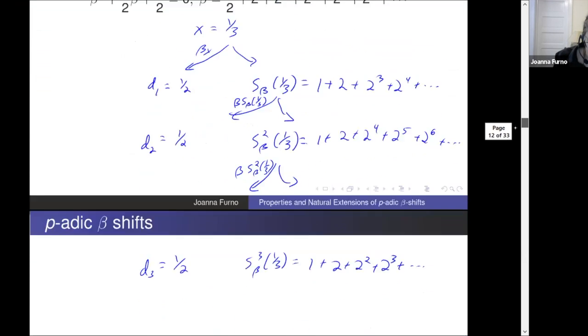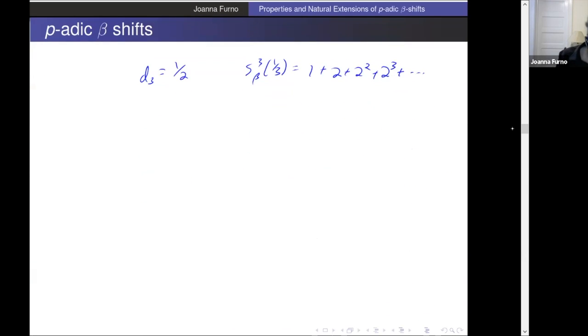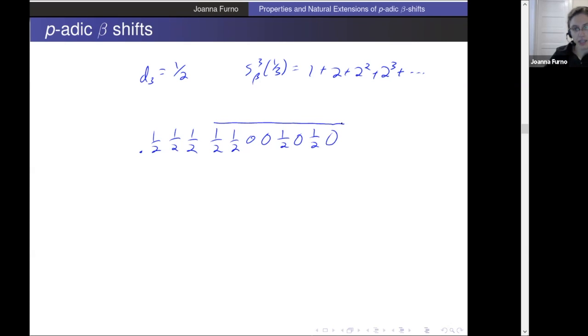And here, if we do a similar sort of writing this down, we're going to get something like a half, a half, a half, and then the repeating part is a half, 0, 0, a half, 0, a half, 0, like that.